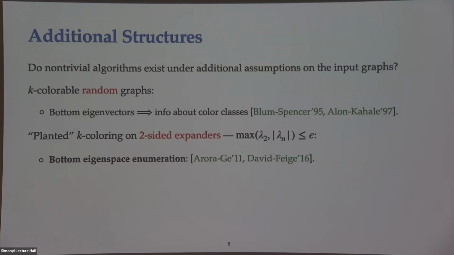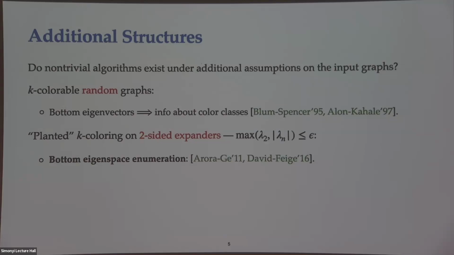But notice that the idea that I just told you has nothing to do with lambda 2. All they need is that the minimum eigenvalue of this graph has bounded magnitude. So they only care about the negative eigenvalues. So for expanders, they can recover a large independent set, but they usually can't find an exact coloring.